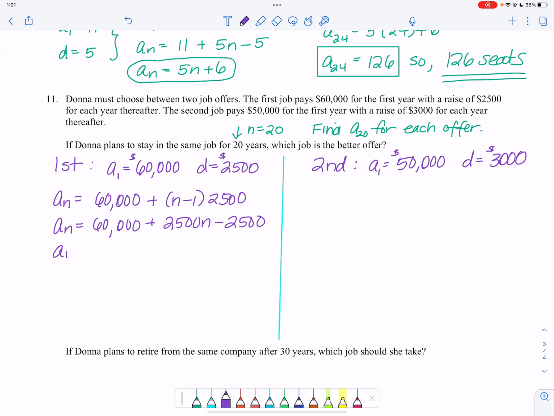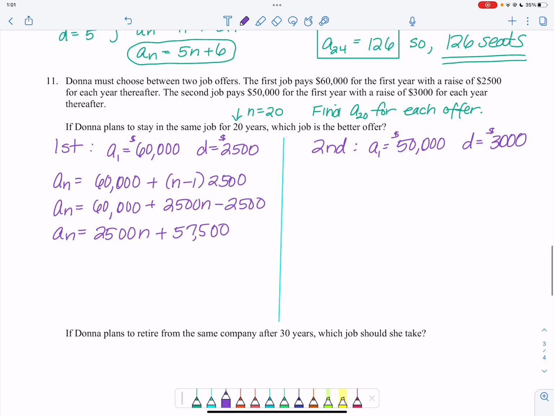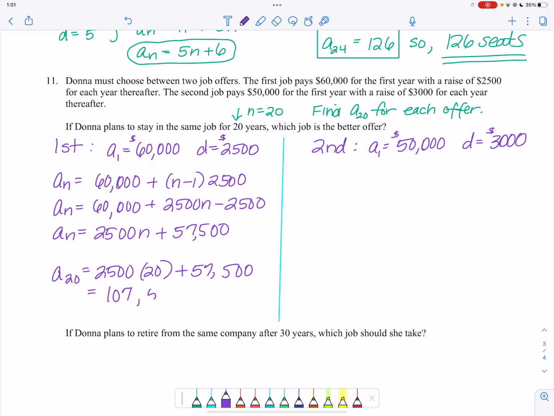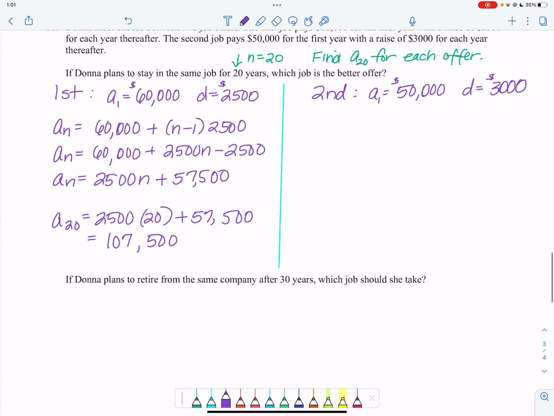And now we come up with this nice formula for a sub n. So to find a sub 20, we would have 2,500 times 20 plus 57,500. And this comes out to 107,500. So this would be $107,500.